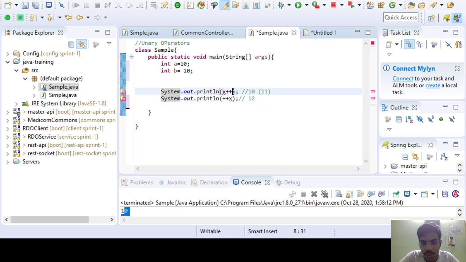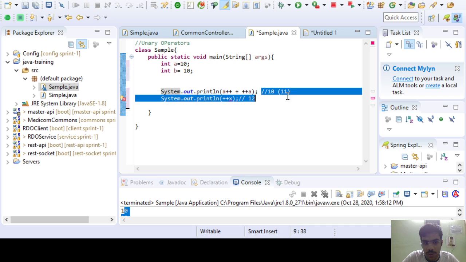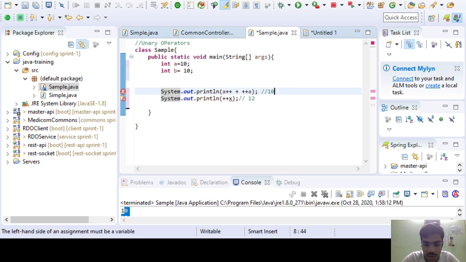If we want to display a plus plus, we add it with plus plus a. Let me explain this. Initially a is 10, so 10 plus, after incrementing it will be 11, then plus plus a, after incrementing by 1 we get 12, so the result is 22.